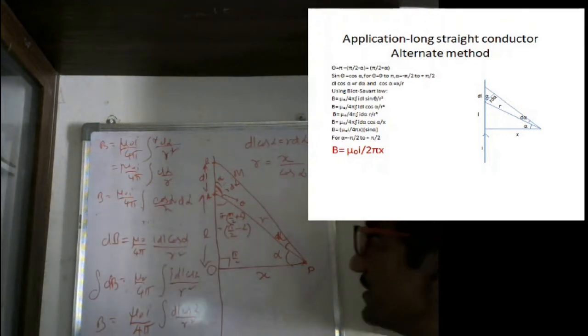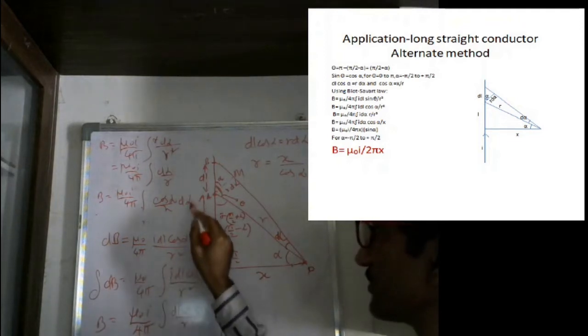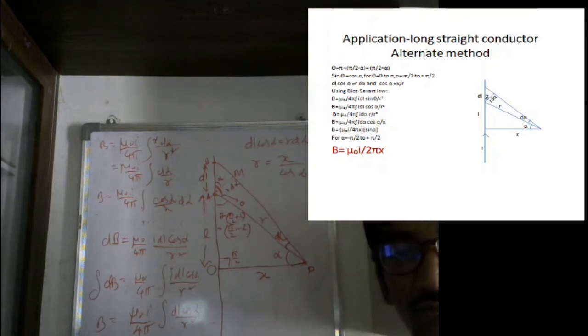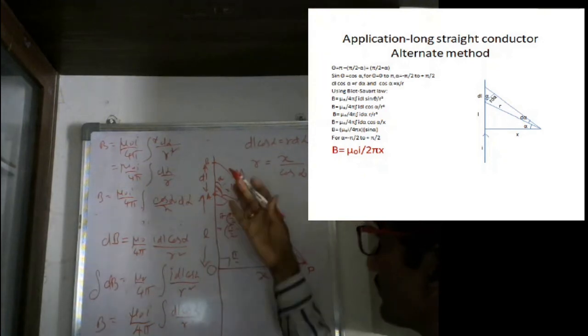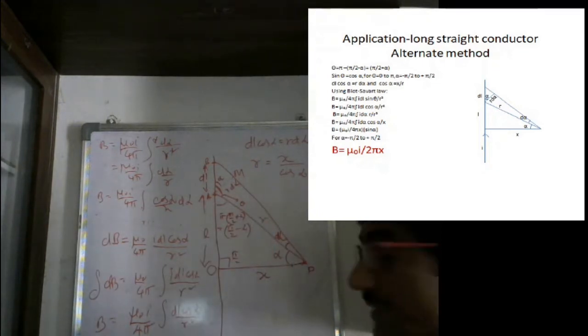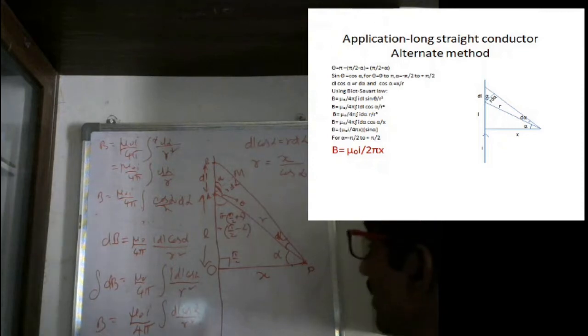Now we have to substitute the limits for alpha. For this L, you have minus infinity to plus infinity. Then what are your angles for alpha?